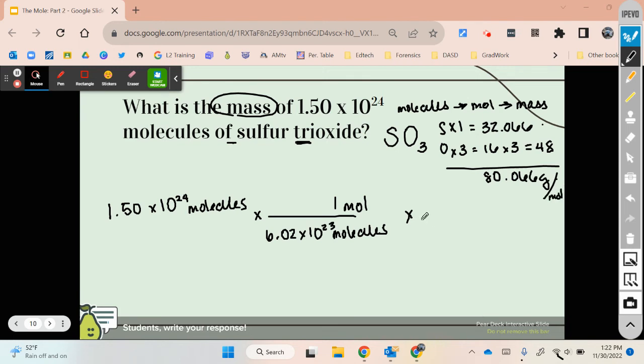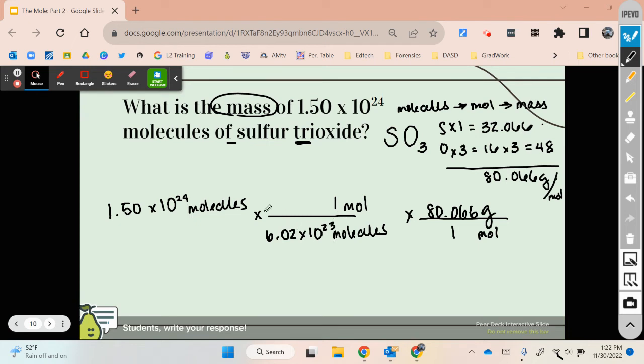So I'm going to use that as a conversion factor now, because now I'm converting moles into grams. 1 mole is equivalent to 80.066 grams of sulfur trioxide. So what I've done right now is we're working with 2 steps. I converted molecules to moles using this first step, using that Avogadro's number. This is very consistent.